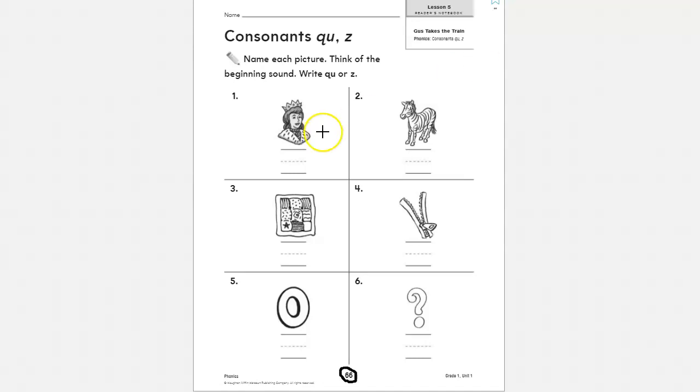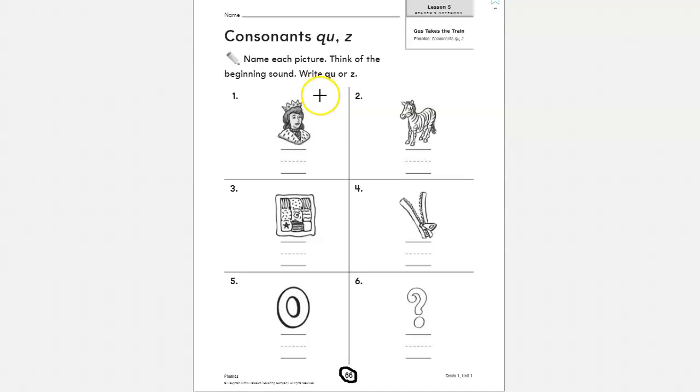So let's look at our first picture here on number 1. This is a picture of, let's see, she has a crown. She's dressed very nicely. Let's think of our alpha friends. This is a picture of a queen. Does the word queen start with our qu sound or a z sound?